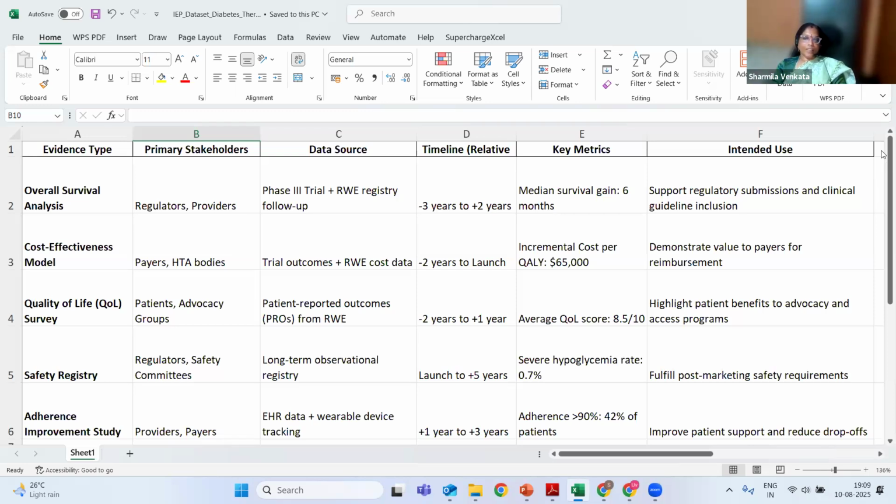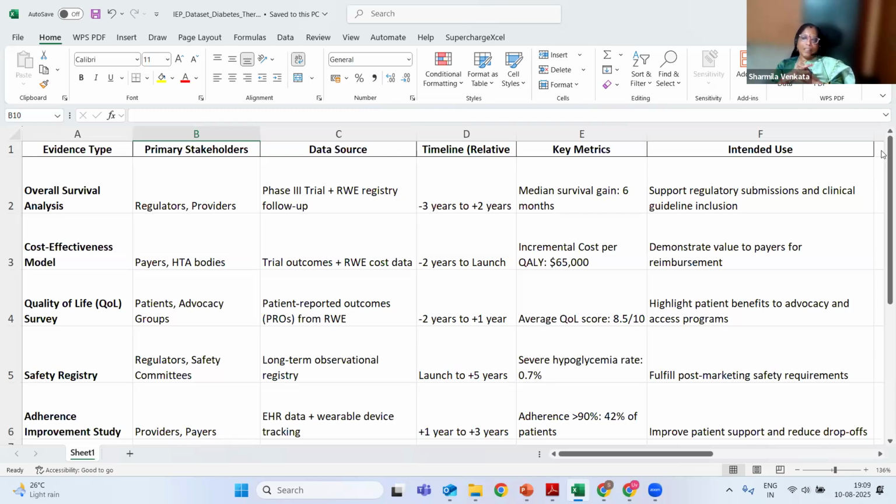Okay, and the third one is the quality of life survey. Here the primary stakeholders are patients and advocacy groups, the timeline is -2 years to 1 year, and the data source is patient-reported outcomes from RWE, not the trials.